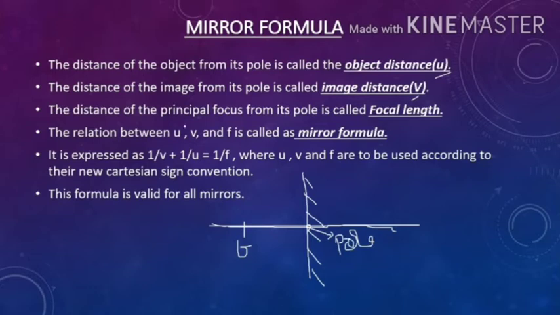So the length between the principal focus and pole is called focal length. We have studied in the previous video, it is focal length, that is f.